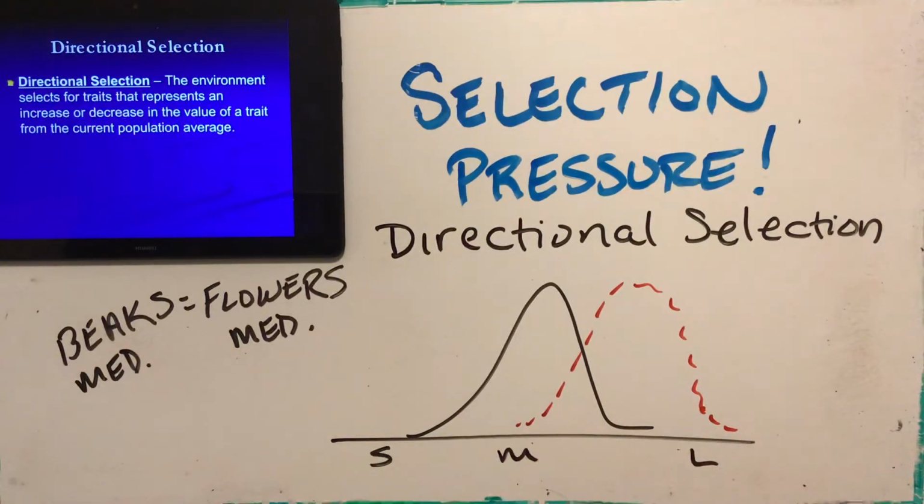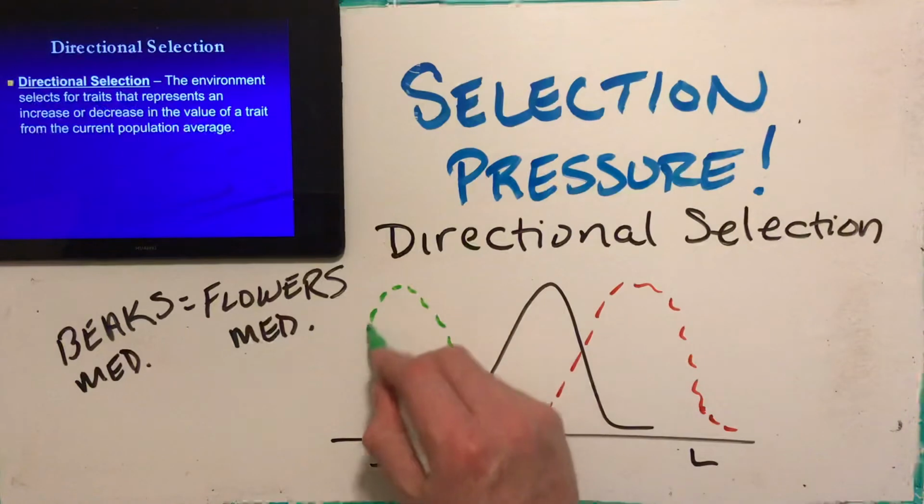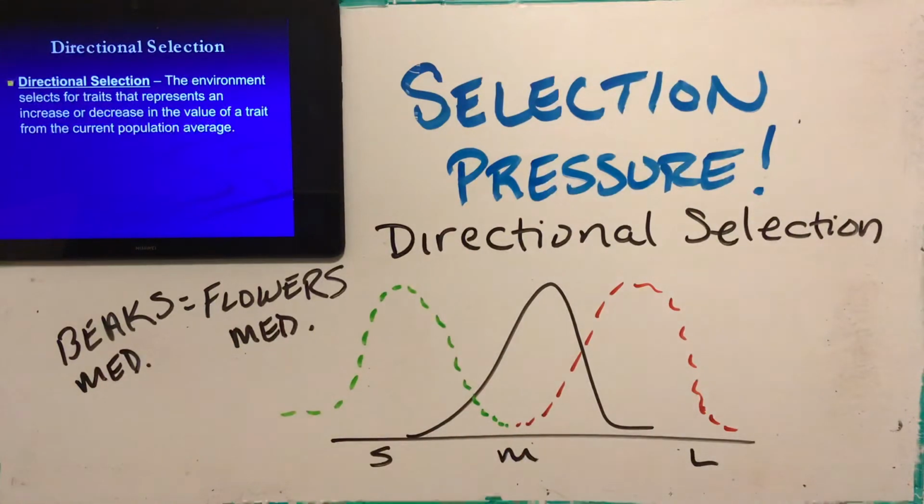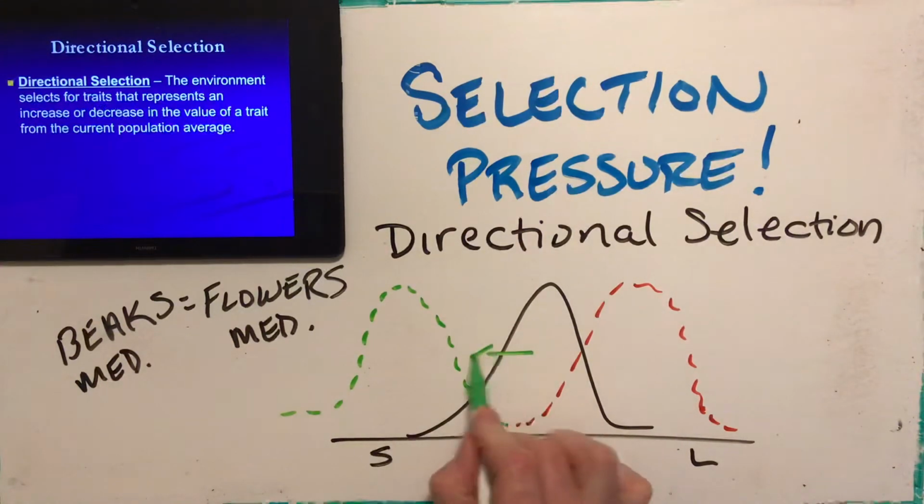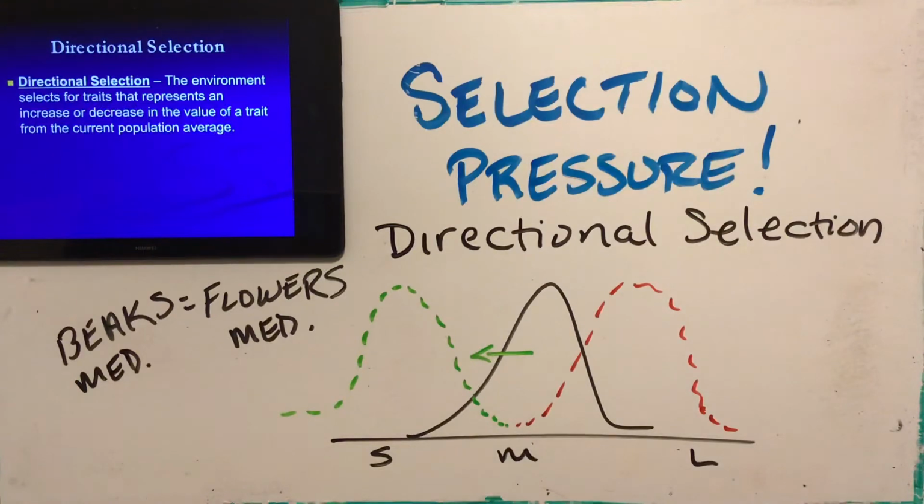The same way, if there was something in the soil that happened to work against flower length and the flowers got shorter, we would see this sort of a shift. So whether you're going towards the large end of things or the other end, the short, the one extreme form of the trait or the other will be selected for, not both at the same time.